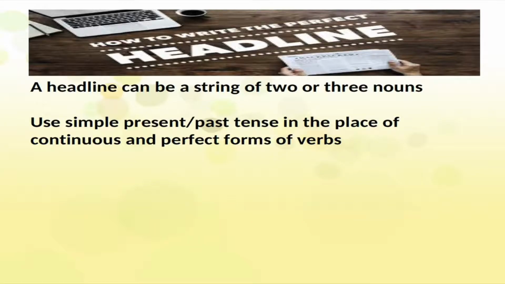Another way is using simple present and past tense, or rather this is mandatory. Use simple present and past tense in the place of continuous or perfect forms of verbs. Do not use is going, are going, were going, has gone, had gone, have gone. For example, look at this headline: Farmers protest oil exploration.